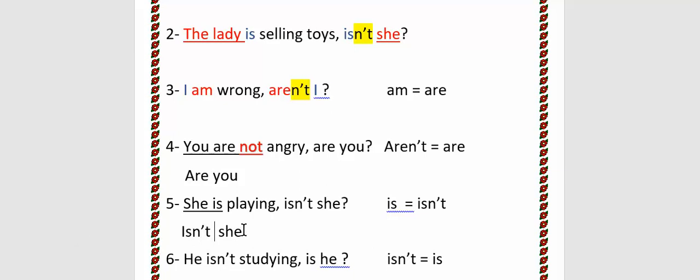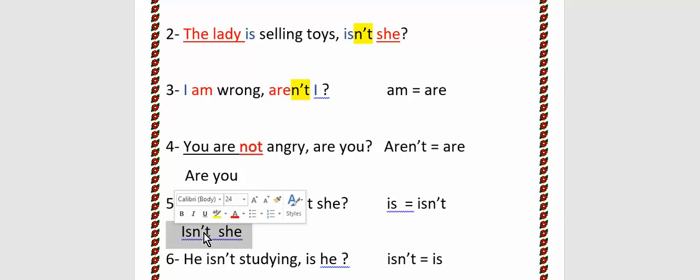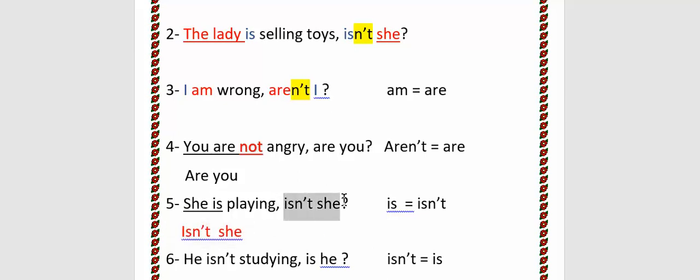And it comes isn't she. Look, here is the same with this. Isn't she? So I am correct here. She is playing. It turns to its opposite. Isn't she?